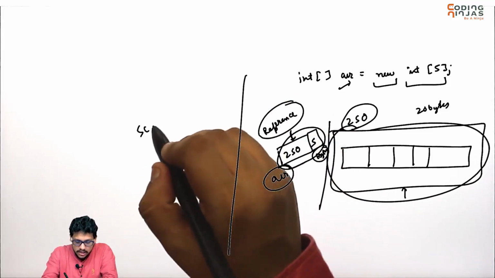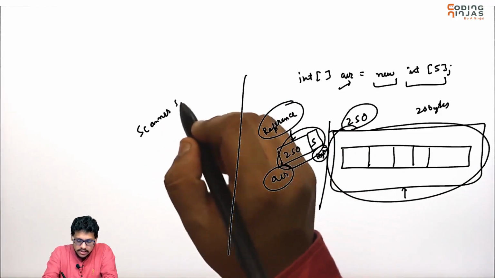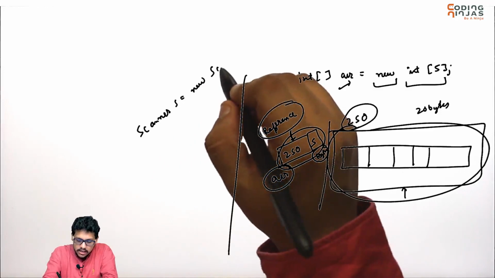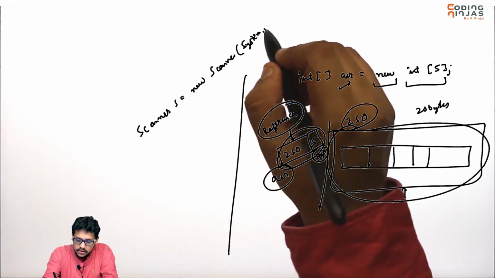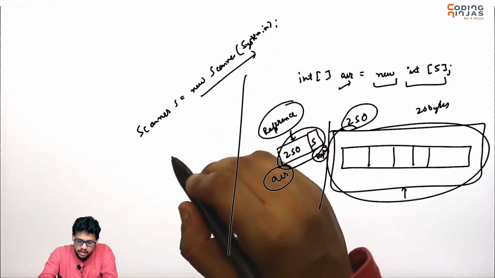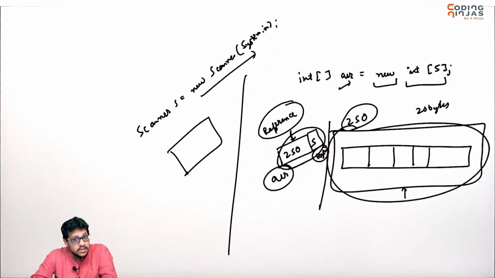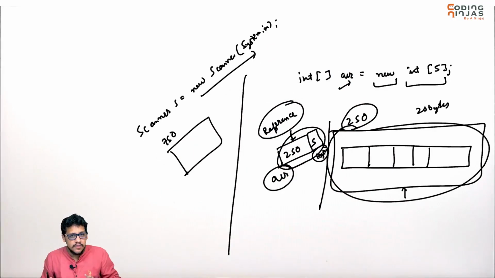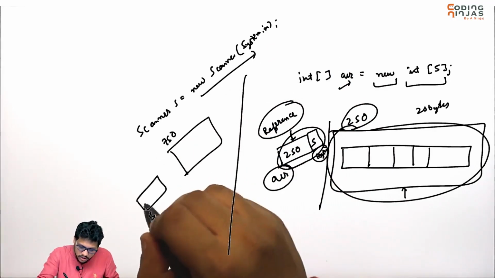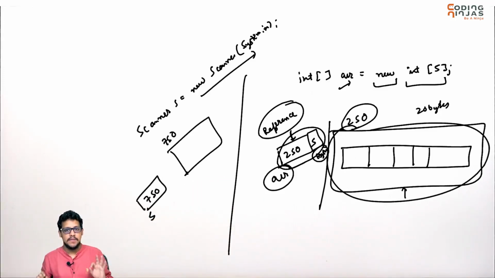Like we discussed about scanner, Scanner S equal to new Scanner(System.in). New creates a memory, so somewhere the scanner is stored. Let's say it has been stored at memory reference 750. So S is actually storing 750.